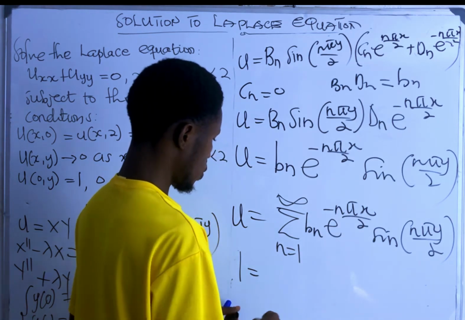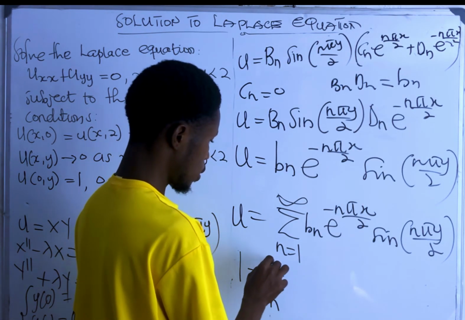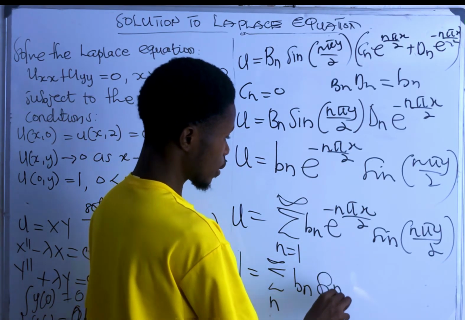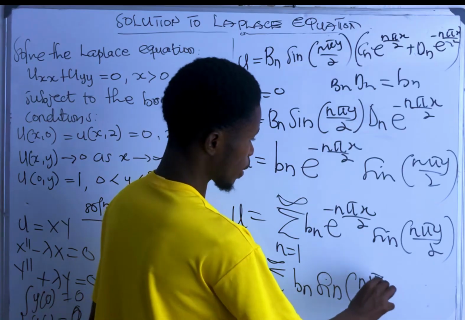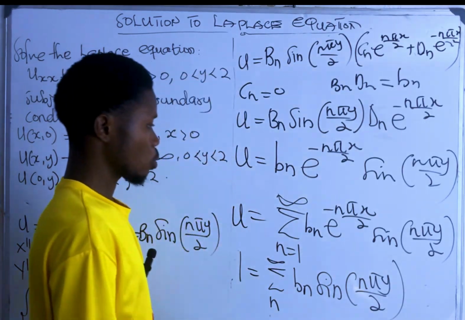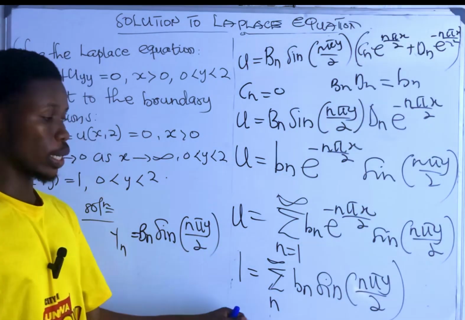So I'm going to have 1 equals the sum from n to infinity of bn sine n pi y over 2. So this is what you are going to get at the end if you substitute.